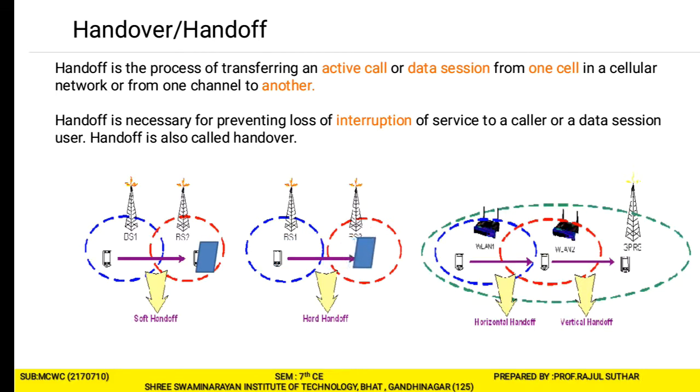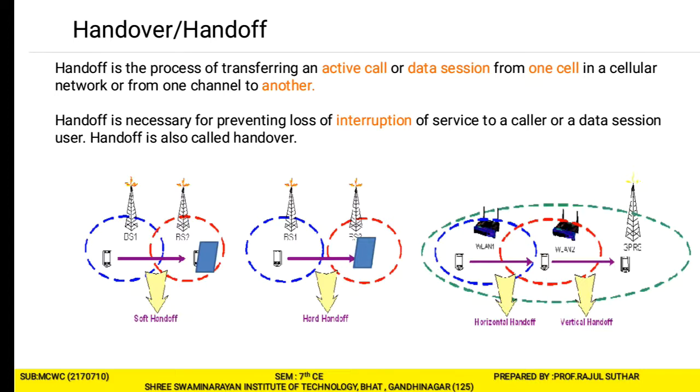And hard handoff means whenever both base stations are in different places, so whenever you are moving from one base station to another base station, look in the figure, this type of phenomenon is called the hard handoff.